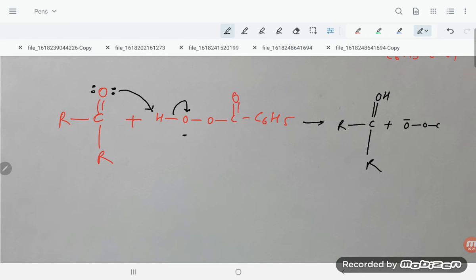Again O is there, C double bond O, and here is C6H5. So dear students, you see this negative charge is going to attack the carbonyl carbon. Here the positive charge is already there. So what is happening in this process, student? If it is attacking the carbonyl carbon, this bond is getting split.